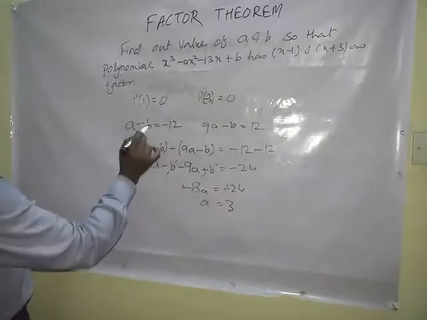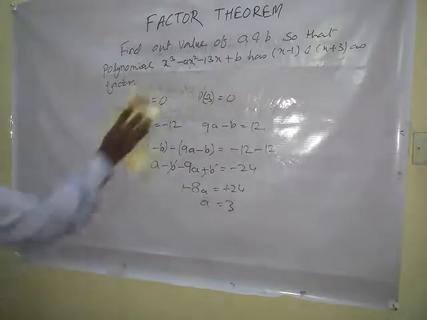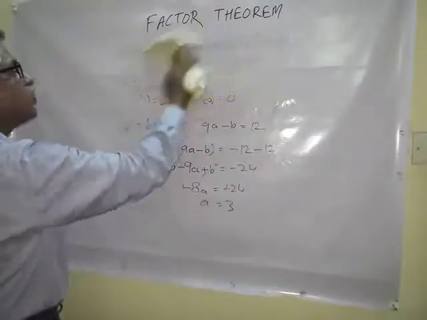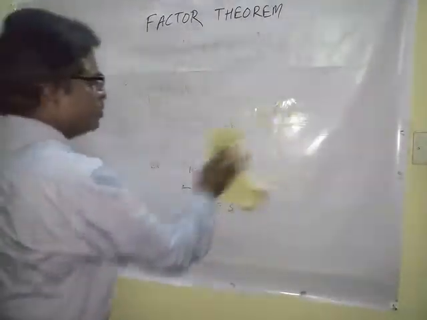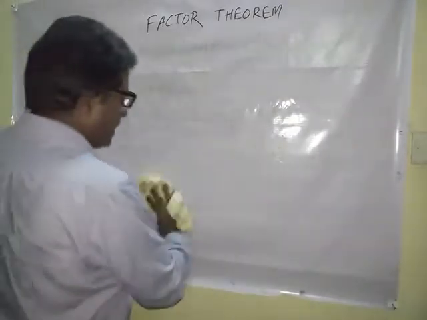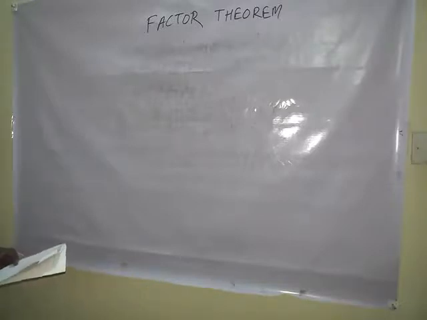And you can put this value of a here to get the value of b, that will be 15. If two variables are there, then definitely two factors will be given to you, and you have to apply your mind on whether to do addition or subtraction based on the equations you are getting.